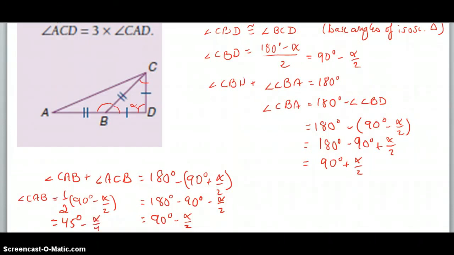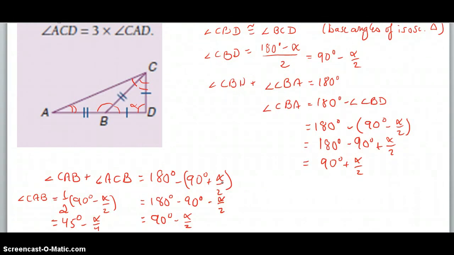So that's the angle CAB. I've got that angle now. I need to show that this angle times 3 will give this big angle here. I've already calculated this angle, and I know what this angle is. So let's add these two bits together.